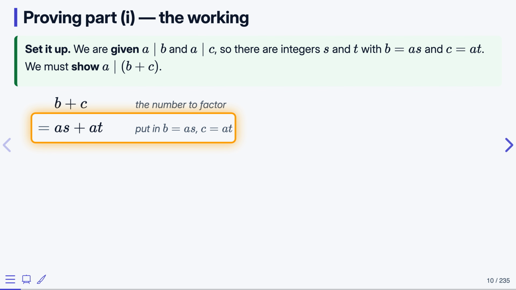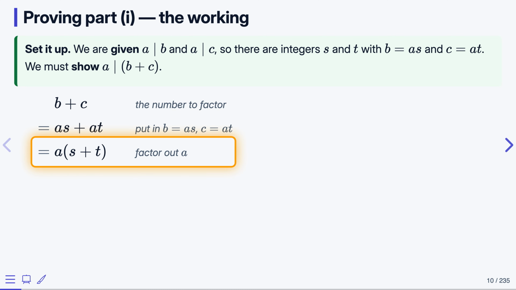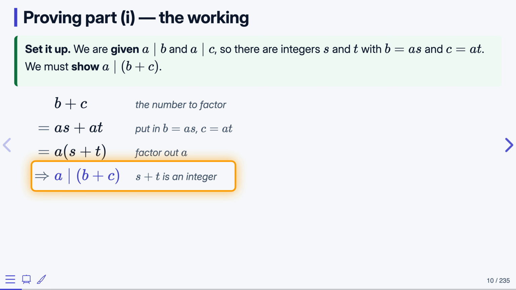Step 1, put in what we know. b is a s and c is a t, so the sum is a s plus a t. Step 2, both terms have an a in them. Factor it out. We get a times, in brackets, s plus t. Step 3, s plus t is a whole number. So b plus c is a whole number of copies of a. That is exactly what a divides b plus c means.